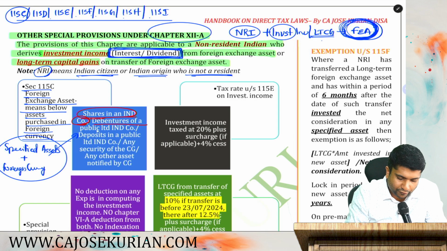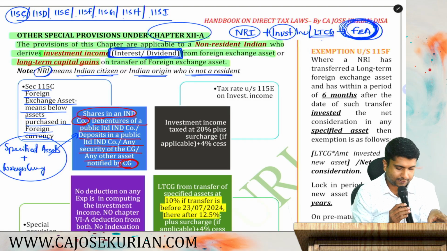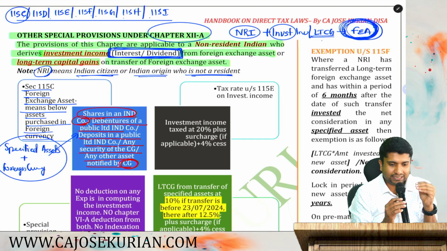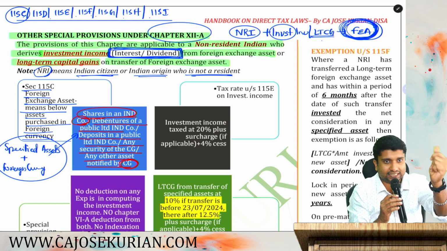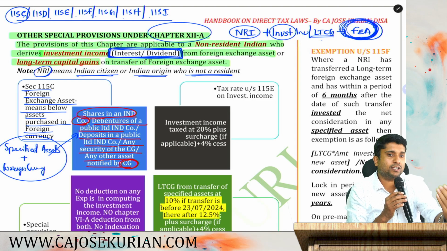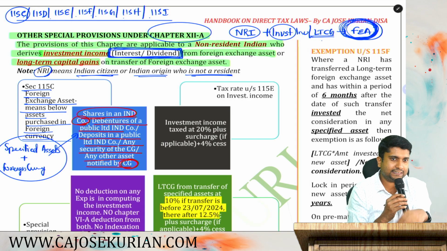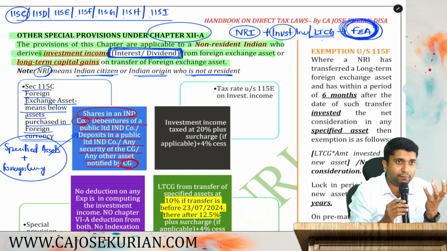Or debentures of a public limited Indian company, or deposits in a public limited Indian company, or any securities of the central government, or any other assets notified by the central government. If you have any of these assets purchased in foreign currency, you have a foreign exchange asset. And being an NRI with investment income or long-term capital gain from these assets, you have to refer to chapter 12A for its income tax impact.